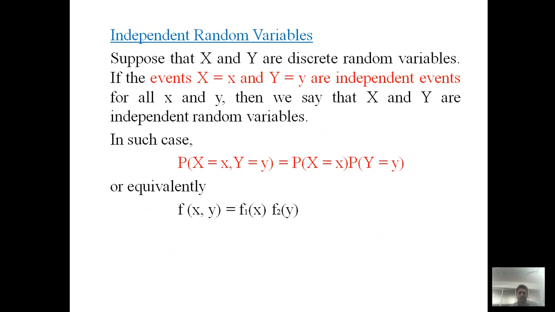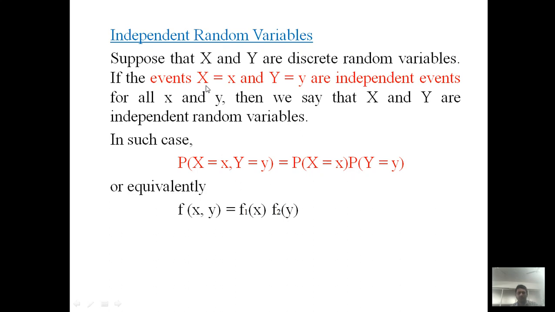The second concept is independent random variables for two dimensions. Suppose that capital X and capital Y are discrete random variables.